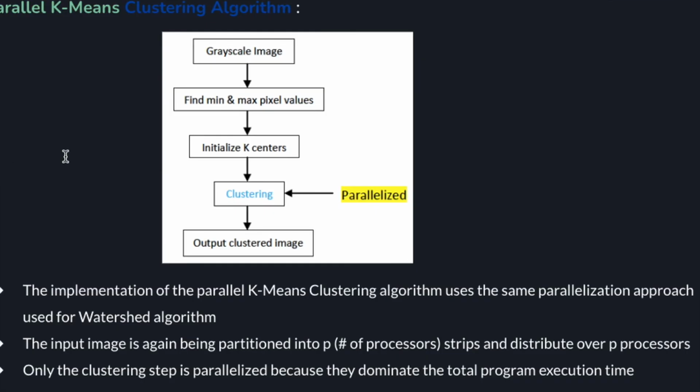Parallel k-means clustering algorithm. The image shows the steps involved in parallelization of the k-means clustering algorithm. The implementation of the parallel k-means clustering algorithm will be similar to the watershed transform algorithm. The input image is again partitioned into p strips, where p is the number of processors, and distributed over p processors. Here, as you can see, only the clustering step is parallelized because it will dominate the total program execution time.